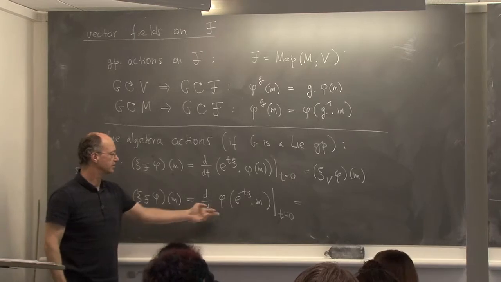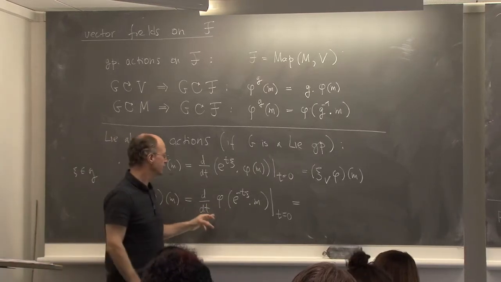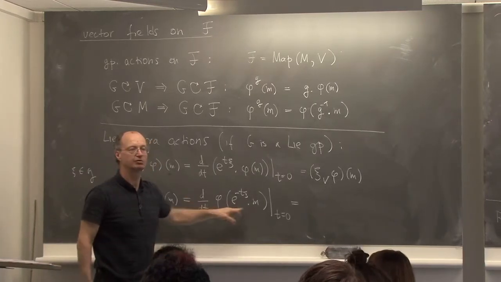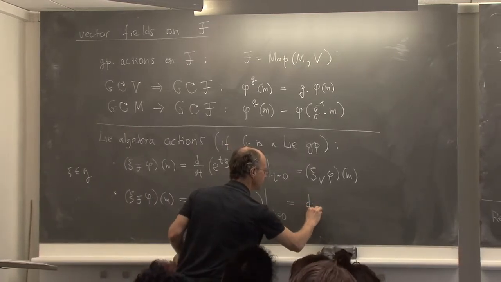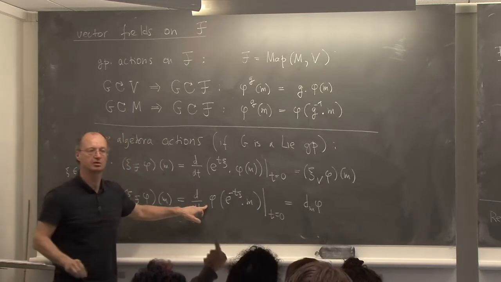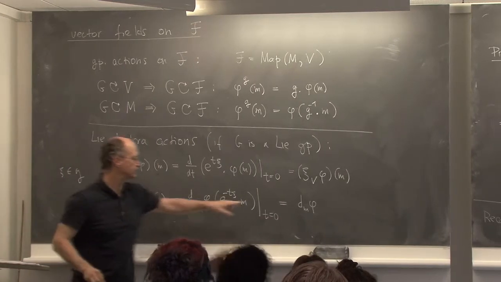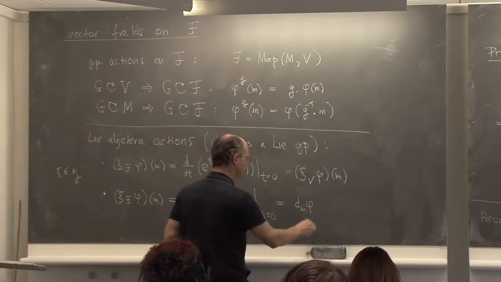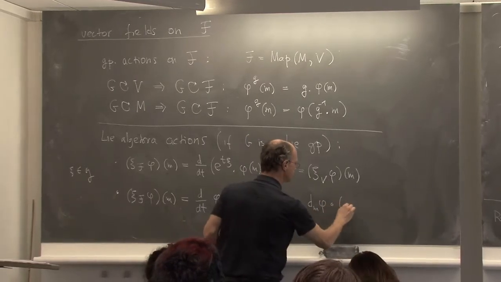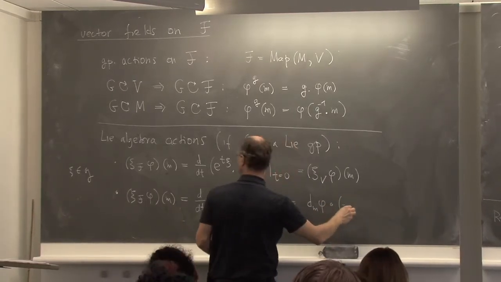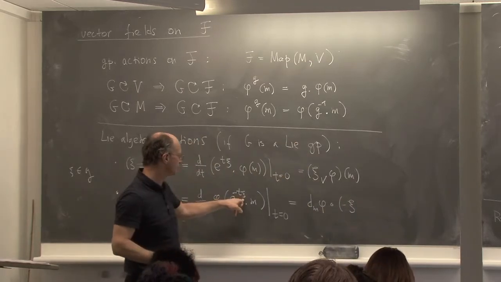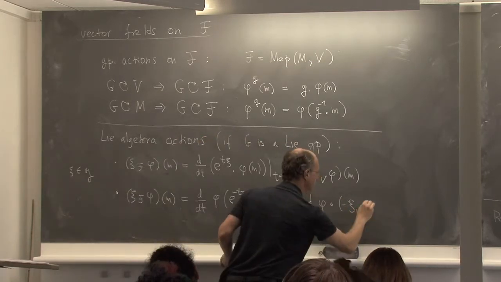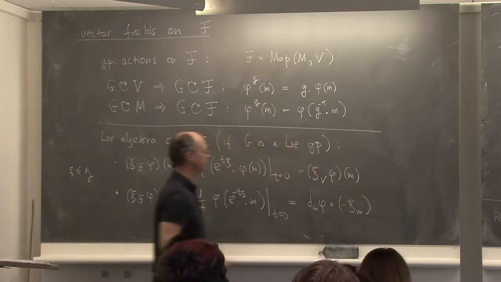This will be just the chain rule from calculus. So this will be d_M phi, the differential of the map phi at M, composed with the action of minus psi at the point M.